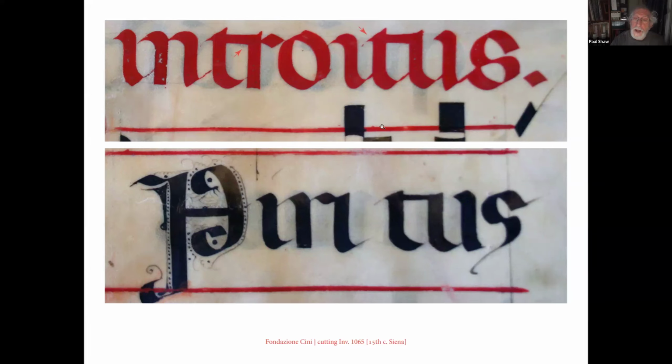Here are the staves on top of the red. That's the notes. So the question is, red has been added after the writing, but is it added after the notes or before the notes? The question is, who made the notes? The scribe or the miniaturist? Or maybe one person did all three.